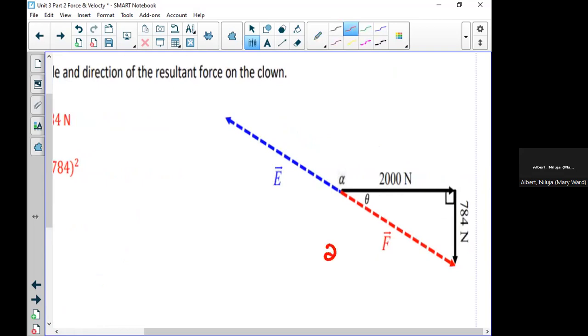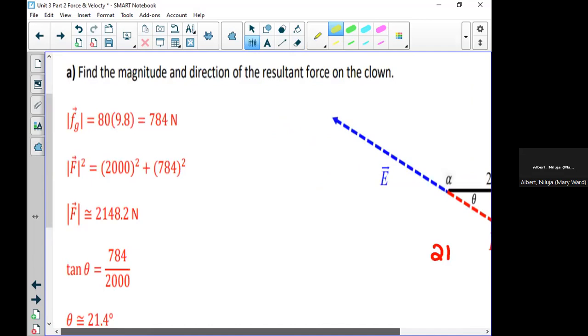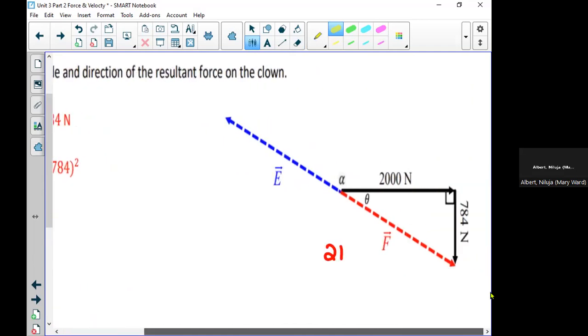So that's 2,148.2, okay. So there's the length, the magnitude of our hypotenuse there.